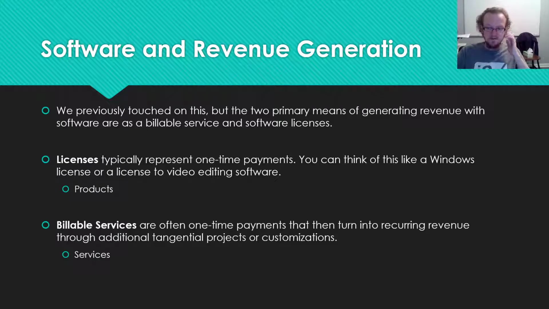And so all of these things are different types of services that you can perform that don't necessarily directly relate to a software license. So you're basically generating code, and that code is directly owned by a client, and they don't necessarily have to pay a recurring fee for the license. They basically just have to maintain the system.